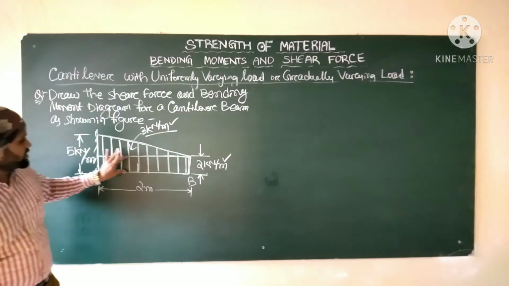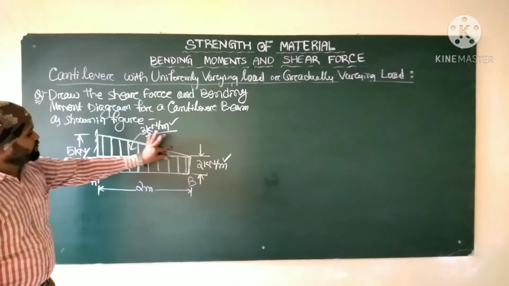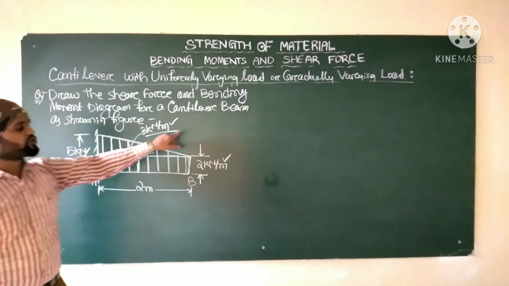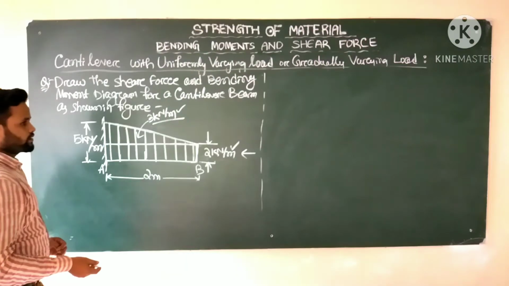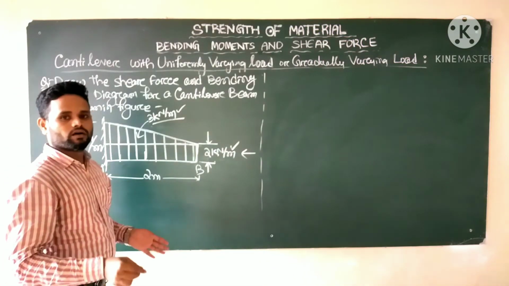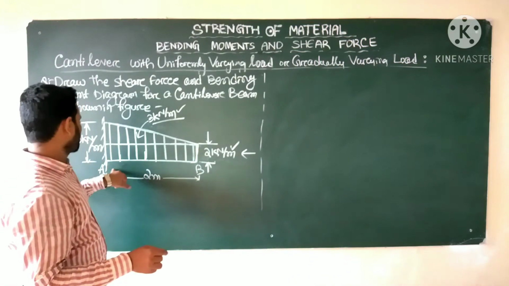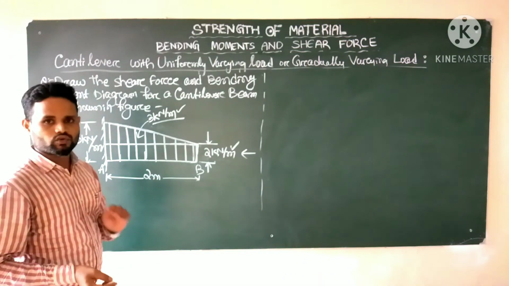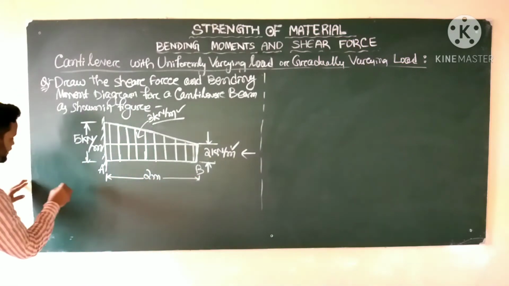There is a uniformly distributed load of 2 kN per meter, and above that there is a uniformly varying load of 3 kN per meter. We will find the shear force diagram and bending moment diagram. For drawing them, we will calculate the shear force and bending moment at the 2 points A and B. So first we will calculate the shear force at A and B. So keep ready and start.